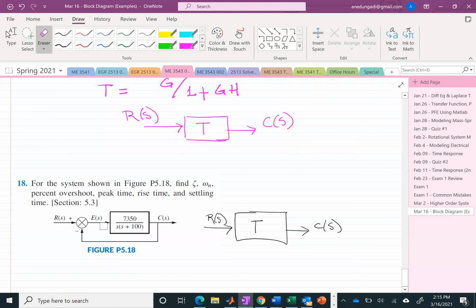Okay. So what form is this in? Cascade, parallel, or feedback form? Exactly, Tony. It's in the feedback form, right?